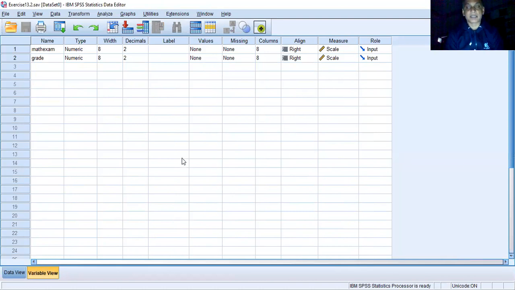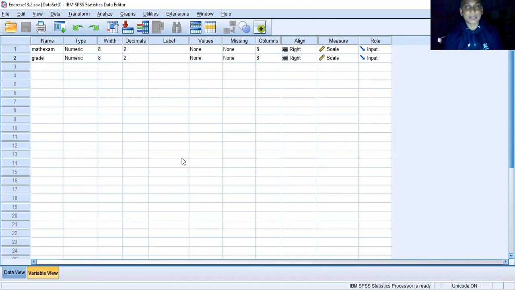Before we conduct the analysis, we have to answer the A part of the question, that is stating the null and the alternate hypothesis. If you look at this question, the null hypothesis will be that math exam is unable to predict the grades of the student, which means beta is equal to 0.